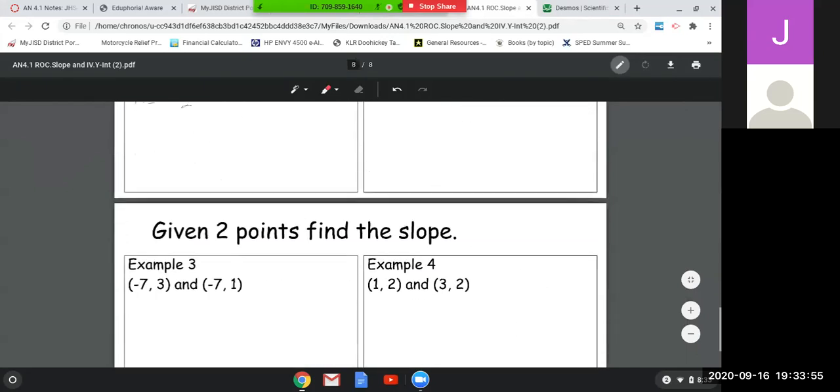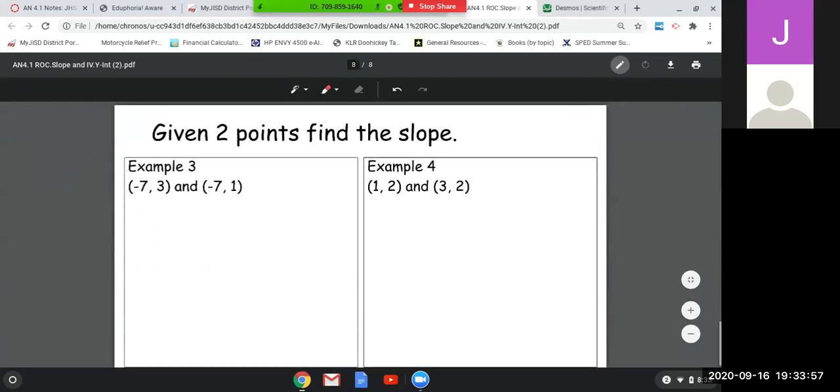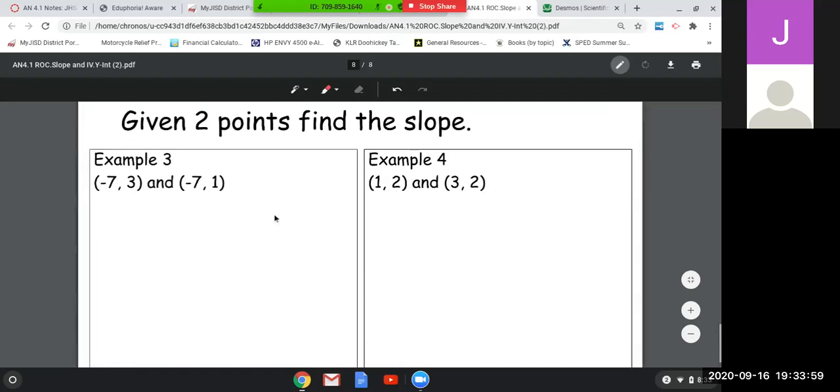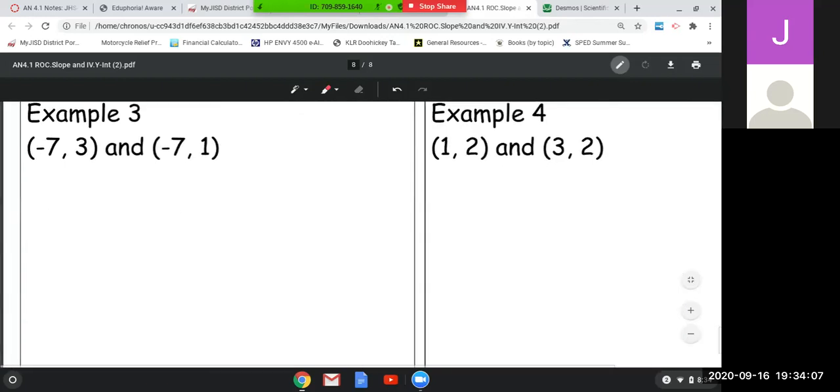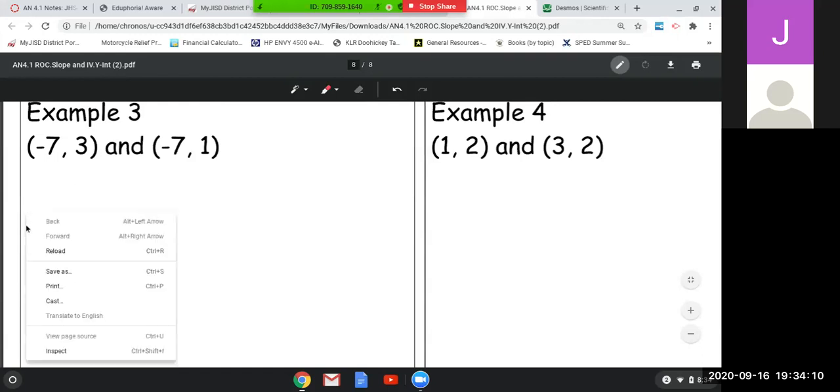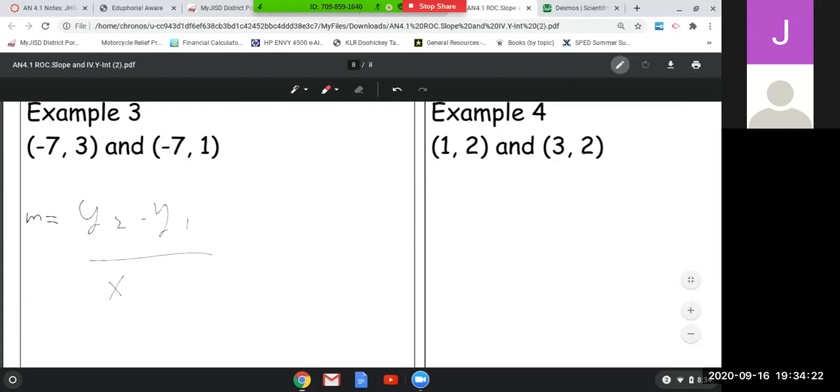All right, I'll do 2 more. I'm going to make these a little bit faster, okay? I'm just going to write it out real quick. The slope formula, m equals y2 minus y1 over x2 minus x1.